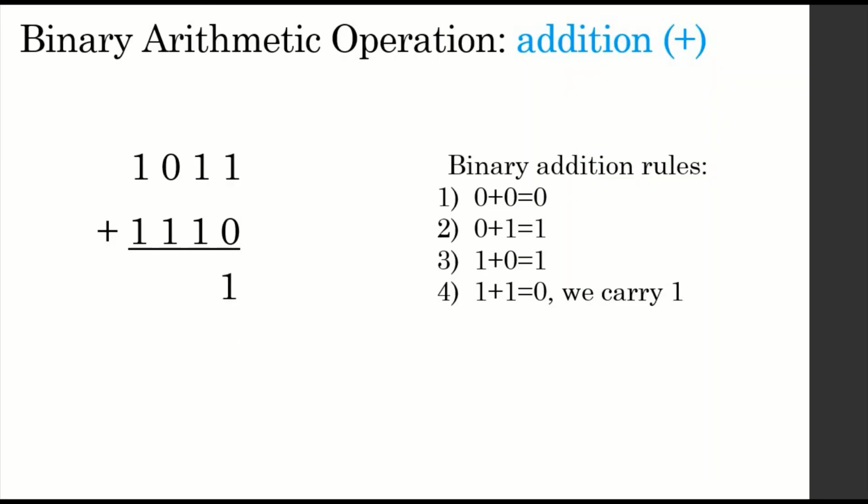So 1 plus 0 is 1, 1 plus 1 is 0, we carry 1, then 1 plus 0 is 1, then 1 plus 1 is 0, we carry 1. Now we have to add 3 ones.